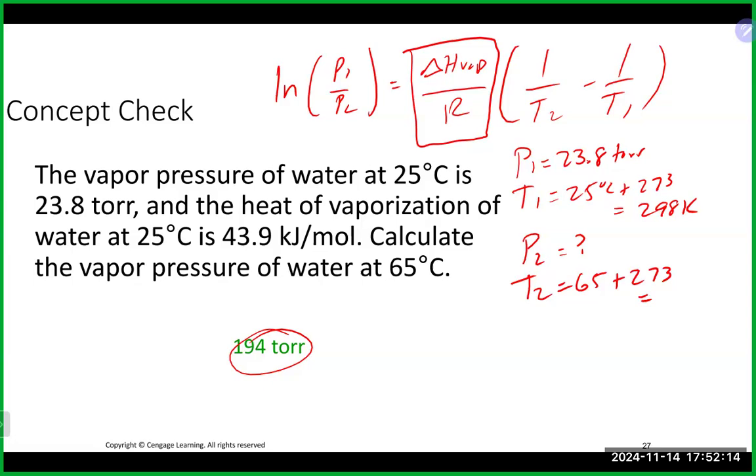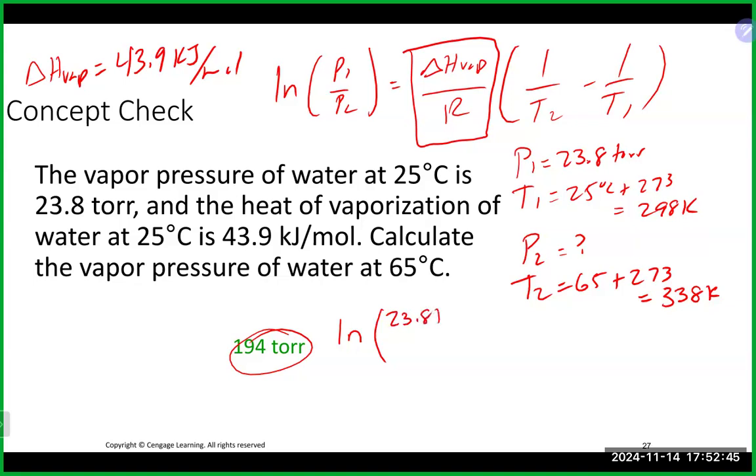So 273 plus 65, about 338. Now we also have our delta H of vaporization here, and they're going with 43.9, so we'll use 43.9 kilojoules per mole. So we do have everything we need except for P2, so we could put it into this equation, and we'll go with the natural log of P1, which is 23.8 torr.